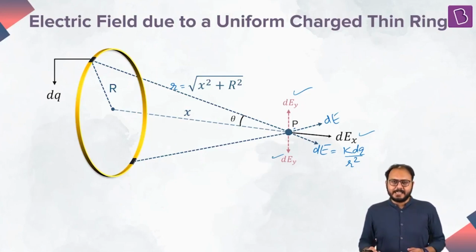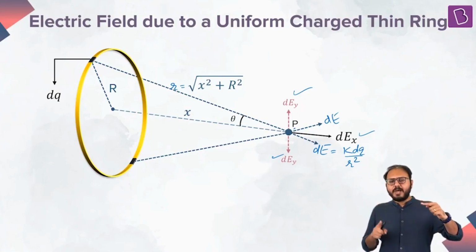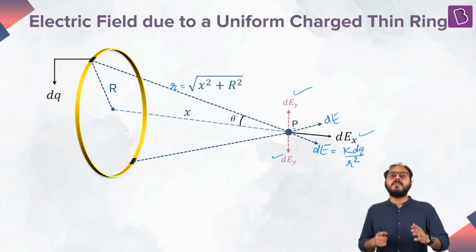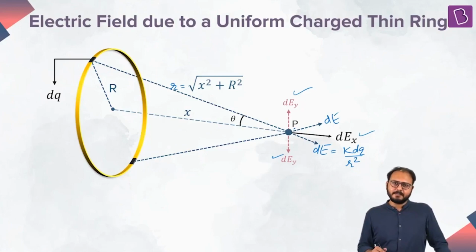All I'm saying is that two equal and opposite mirror images on the ring are cancelling their dEy components and retaining their dEx components. In other words, the net electric field, even before finding the value, will be along the axis. Axial point field is along the axis itself.